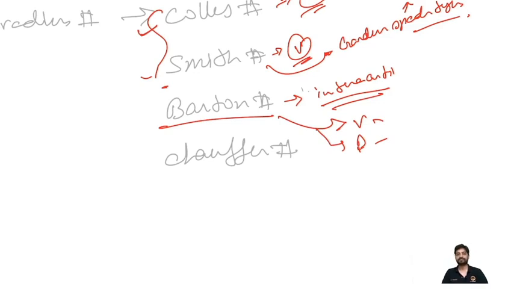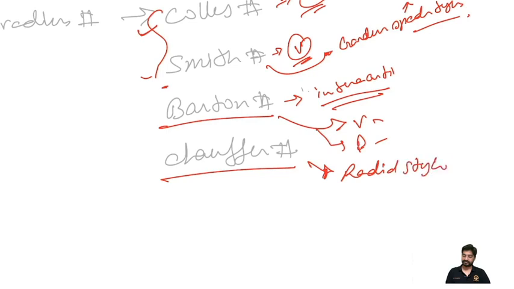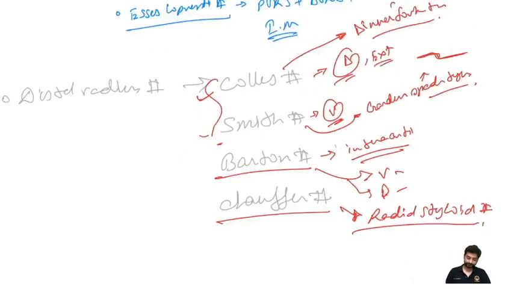So always remember, the terminology Barton gives an idea of an intra-articular fracture. Coming to Schoffer's fracture, it is basically indicative of your radial styloid fracture. This is also known as Schoffer's fracture.